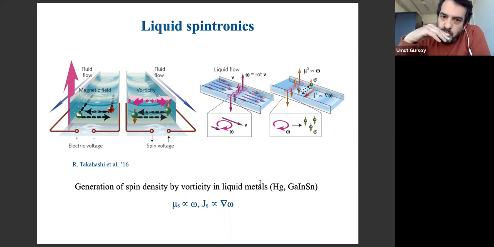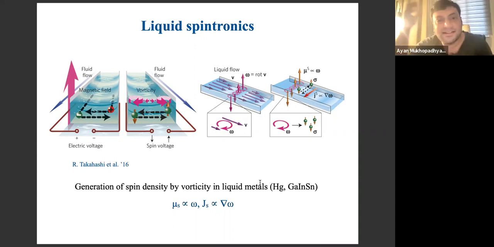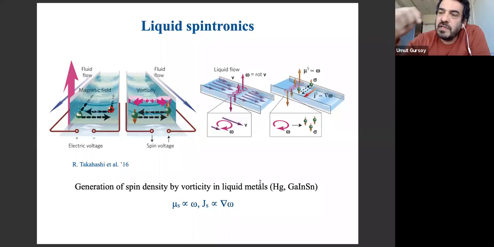There is no such Goldstone mode associated with breaking of, say, rotation symmetry in a crystal. You will see, there will be something like spin chemical potentials, if you like.